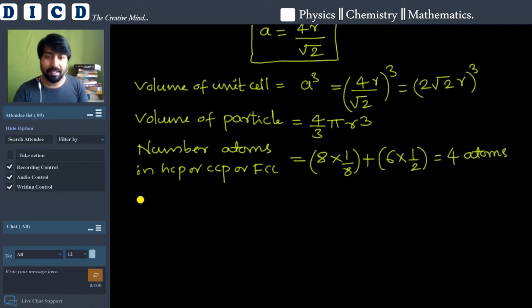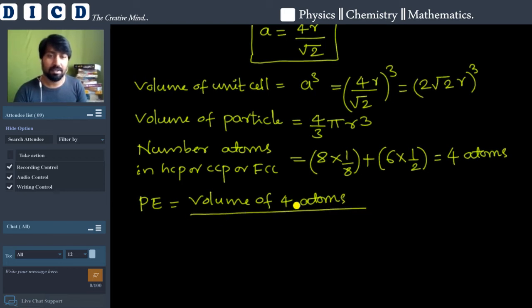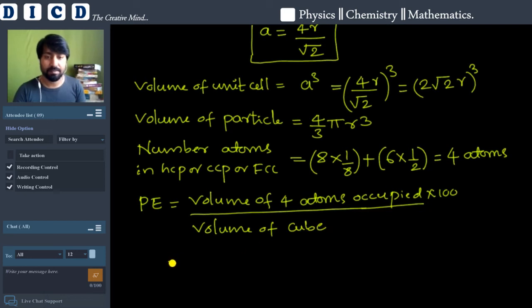Now packing efficiency is given by the volume of 4 atoms occupied into 100, divided by the volume of the cube.